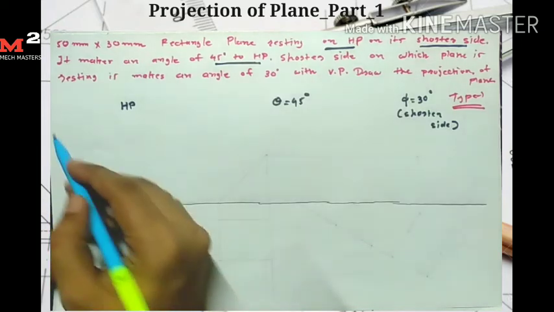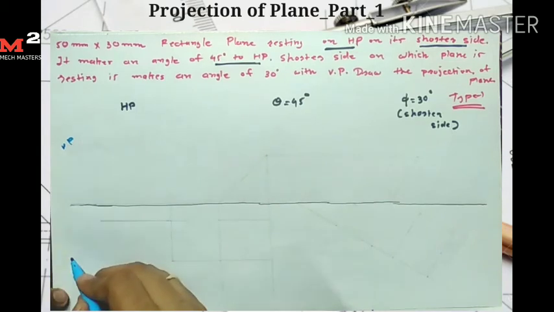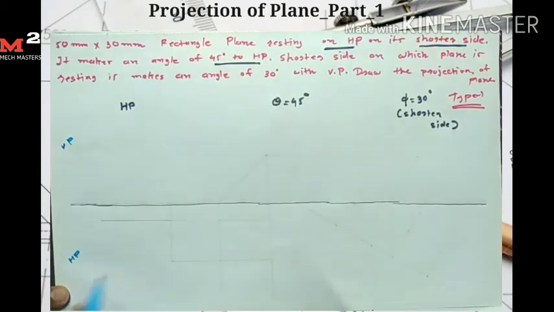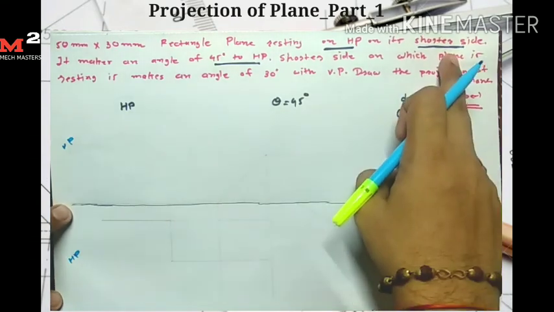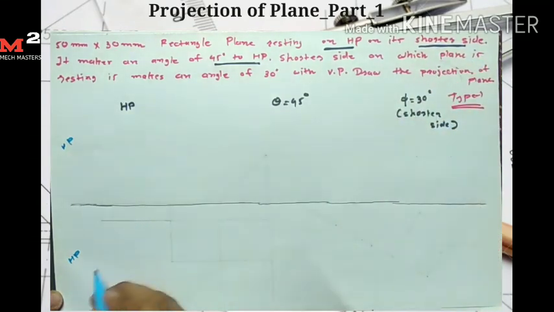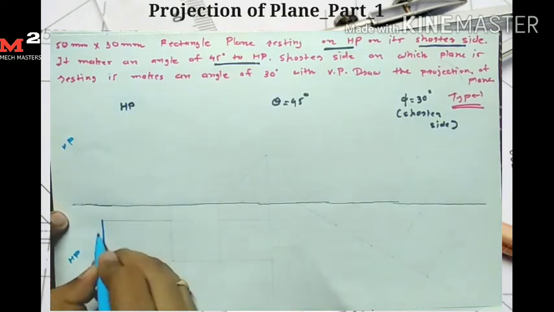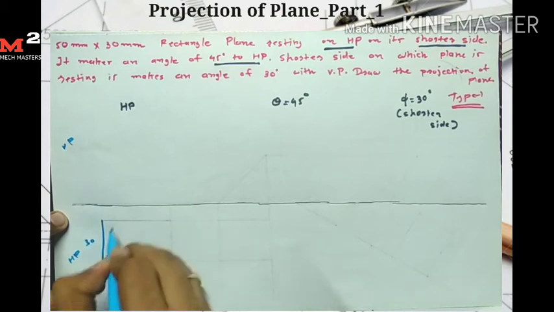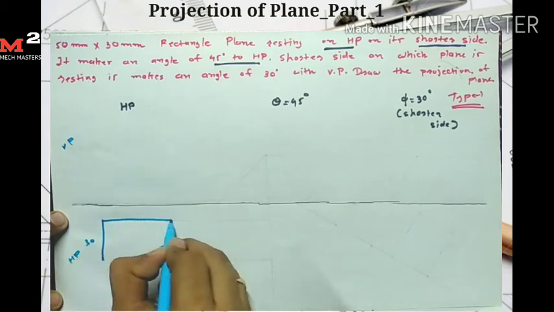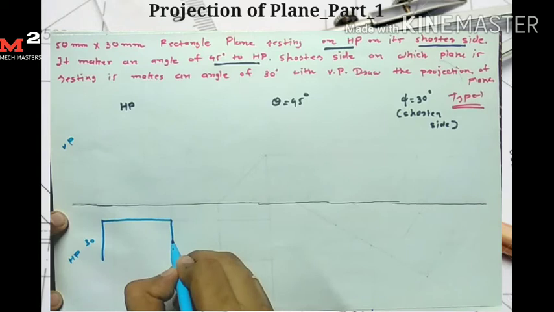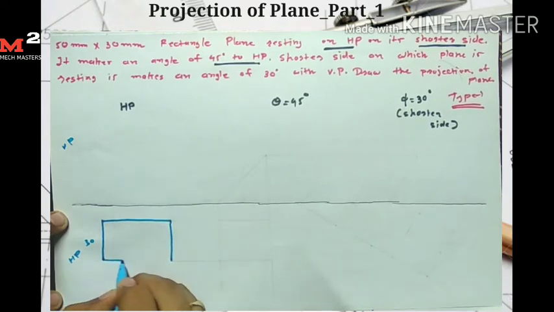Above the reference line is the vertical plane and below the reference line is the horizontal plane. It's resting on its shorter side, so I draw the shorter side on the left-hand side. So I draw the rectangle of 50 by 30 mm, with a 30 mm line and a 50 mm line, here.